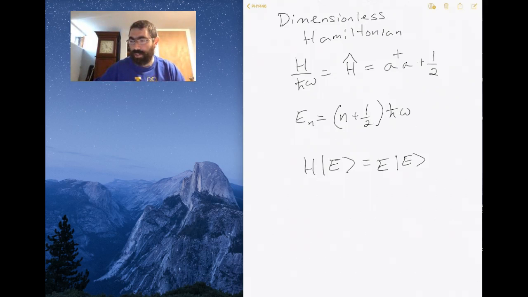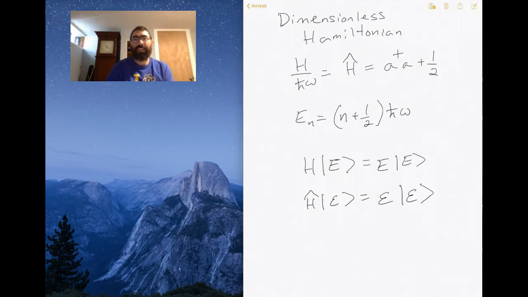Or I could write this now, if I divide both sides by h bar omega, I would have the dimensionless Hamiltonian times a dimensionless energy eigenvector equal to the dimensionless energy epsilon times that eigenvector back again. So all we're doing is hiding the h bar omega, which is kind of like the base unit, in the dimensionless quantities.